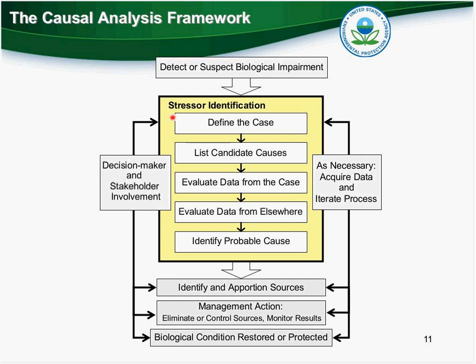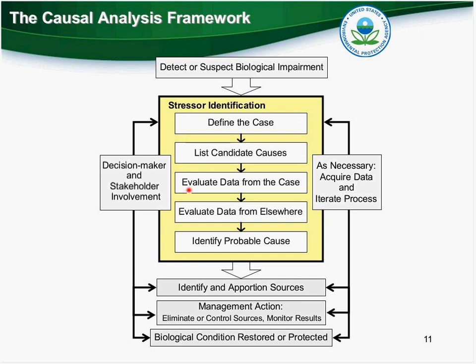With stressor identification, you begin by defining the case. You then move to listing candidate causes, evaluating data from the case, evaluating data from elsewhere, and identifying the probable cause. We'll walk through examples of each one of these steps so you can see what is actually meant when you're moving through the box.